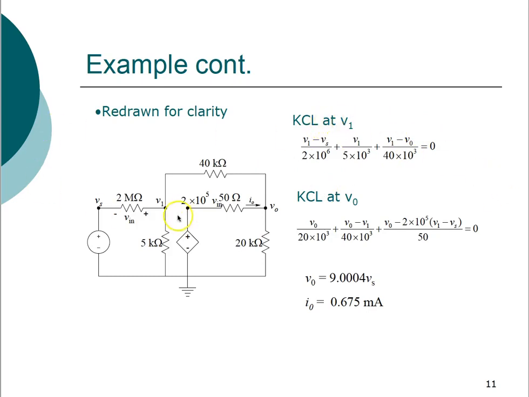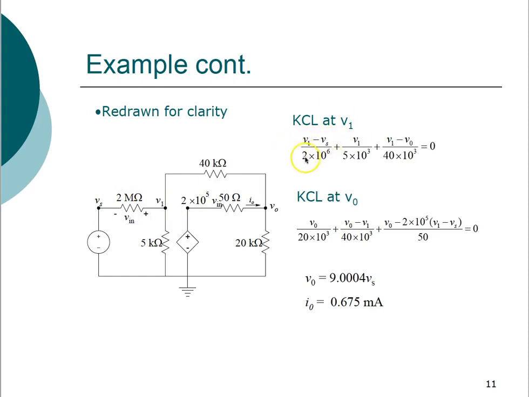First, let's apply KCL, Kirchhoff's current law, at the V1 terminal. So we assume in KCL that at a particular node, the algebraic sum of all the currents will be equal to 0. So that's what we are going to use here, and this equation is based on that only. The algebraic sum of all the currents going out at this particular node will be equal to 0. So applying this KCL: V1 minus Vs upon this resistance, that's what is shown over here.